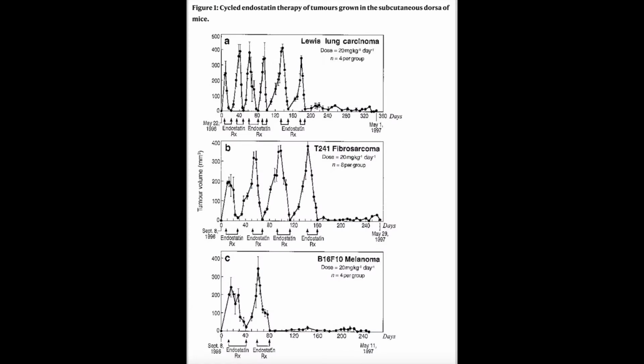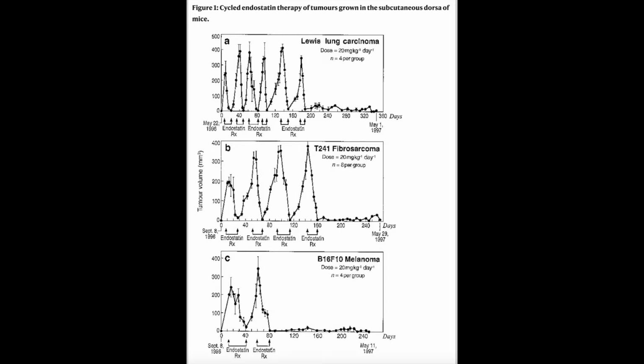But they wouldn't keep the treatment going to exterminate the tumor. They would still allow a little bit of the tumor to remain, and they would back off the treatment, let that tumor grow back, hit it again with another round of treatment, shrink it all the way down, but don't get rid of it entirely, don't drive it extinct, let it come back again, and just keep repeating that.